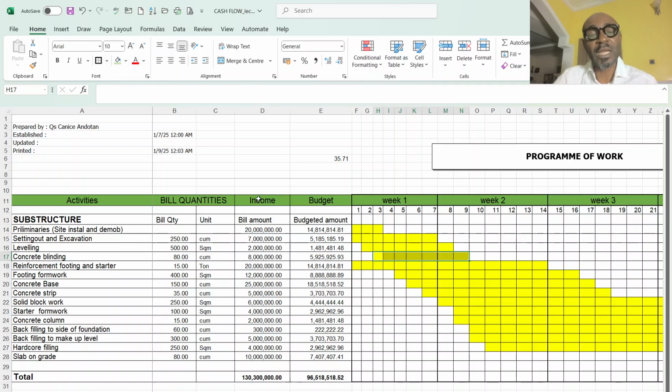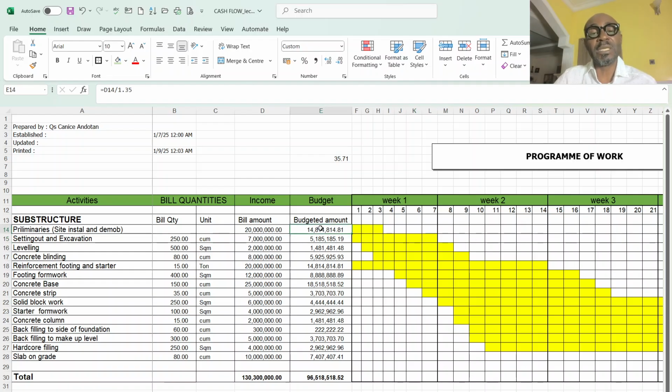I'll split this income amount to reflect my planning, so that the volume I'm expected to do on day one, the corresponding amount for that volume will be the amount I get as income from this 7 million. Also day 2, day 3, day 4, and day 5.